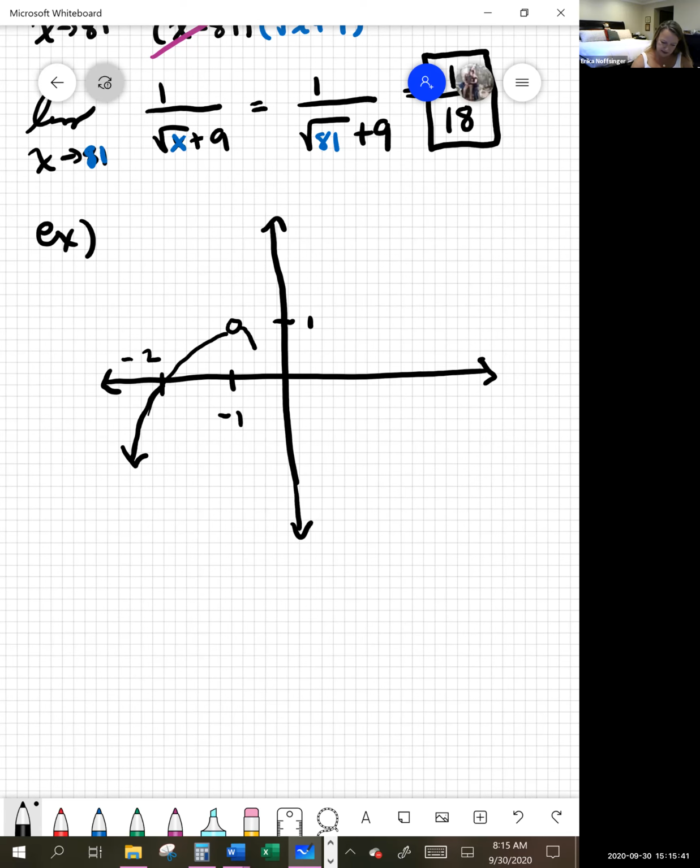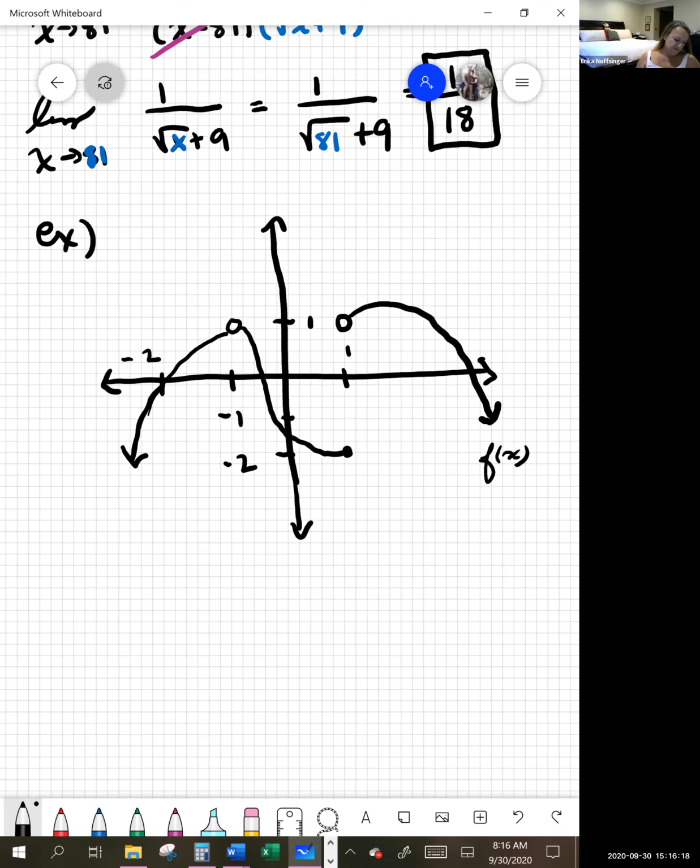It comes back down. And then at 1, we have a value at -2, and it stops. And at 1, 1, we have an open circle. Okay, so this is a graph of f of x.